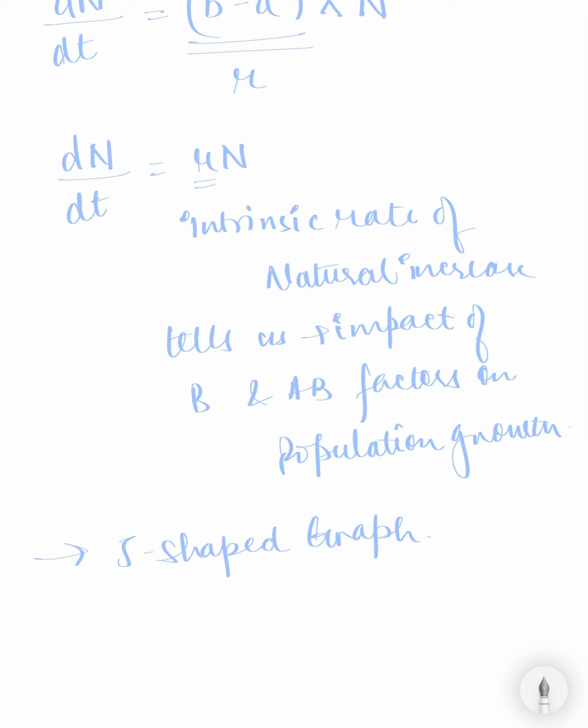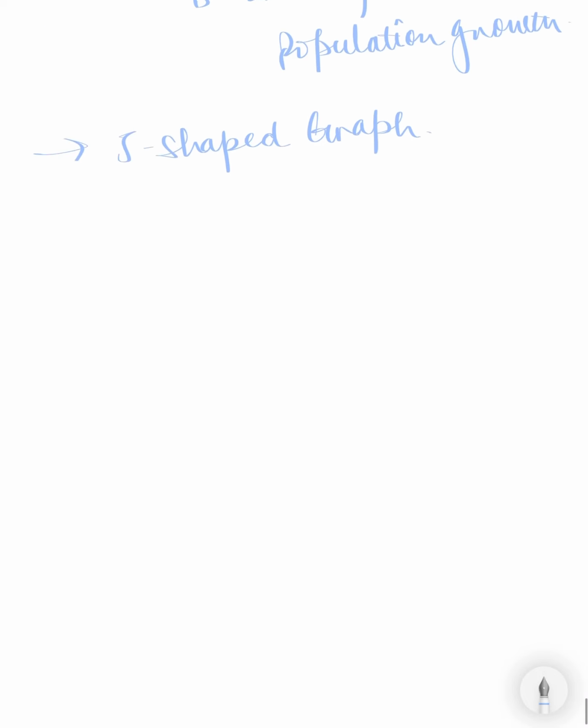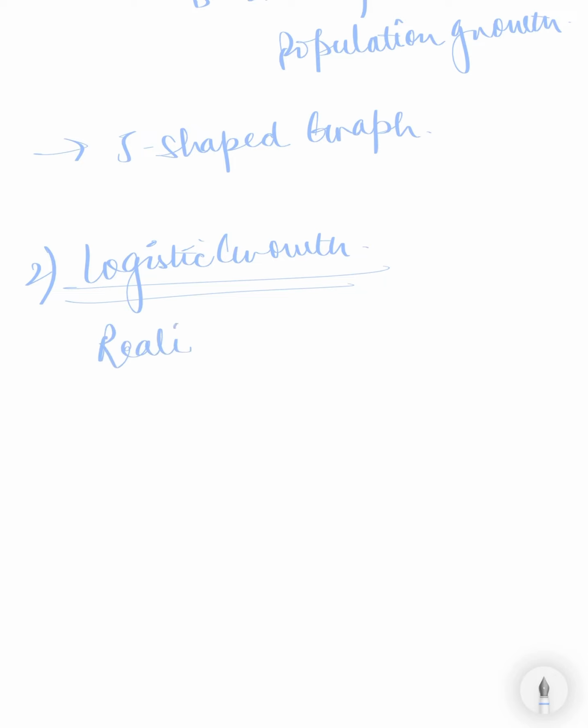Let's talk about the second type of model, which is the logistic growth model. Now this model is quite realistic because it tells us that the resources in the environment are limited and the survival of the species would be limited.